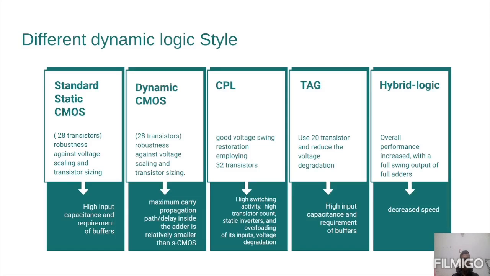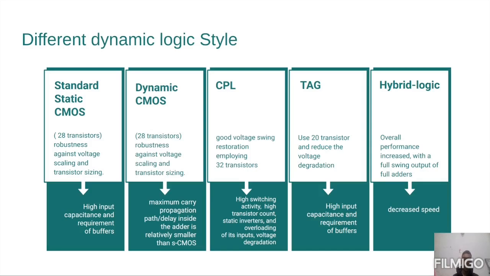There are many dynamic logic styles. I'm just explaining 4 or 5 cases here. First of all, standard static CMOS. It basically consists of 28 transistors. The advantage of standard static CMOS is good voltage scaling and transistor sizing, and the drawback is high input capacitances and sometimes the requirement of buffers.